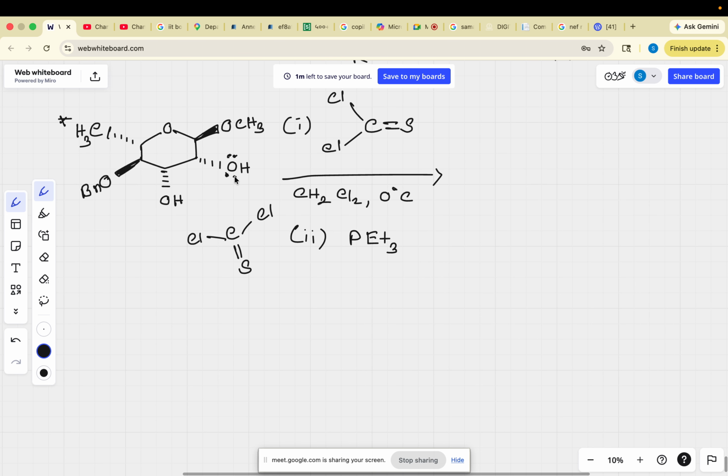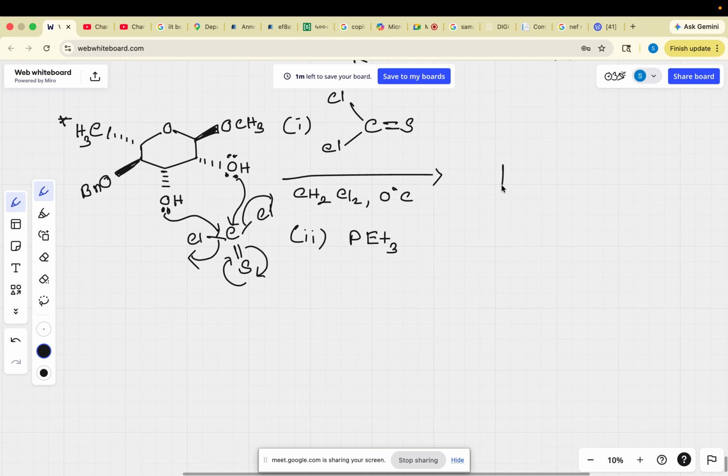OH will attack on the carbonyl carbon. This bond will break. If you have carbon double bond sulfur, this is similar to your carbon oxygen double bond, the carbonyl bond. So it will come back and chlorine will leave from here. Then in the next step, this OH also has a lone pair, so that will also attack on the carbon center.